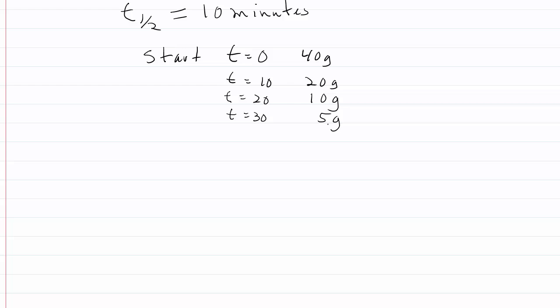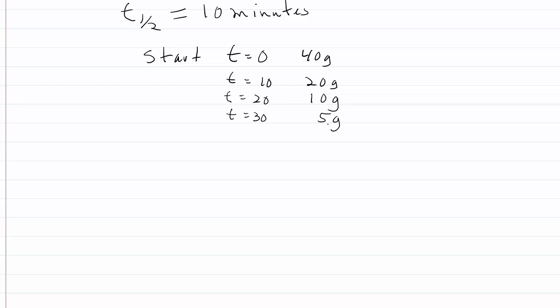Now 10 minutes is a fairly short half-life. Some other applications of half-life besides radioactive decay might be how long it takes a pesticide to degrade in the environment, or how long it takes a pharmaceutical to become ineffective in the bloodstream. Okay, those are other applications of half-lives.